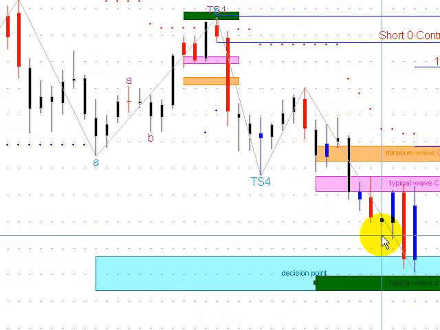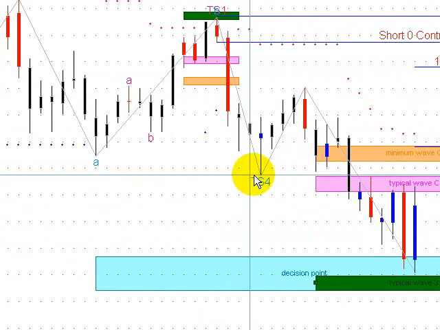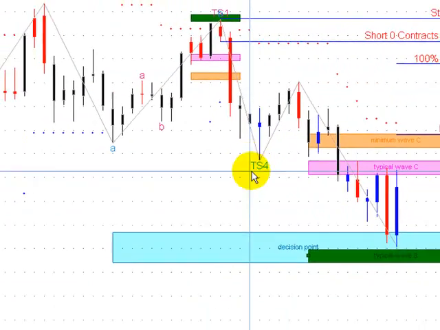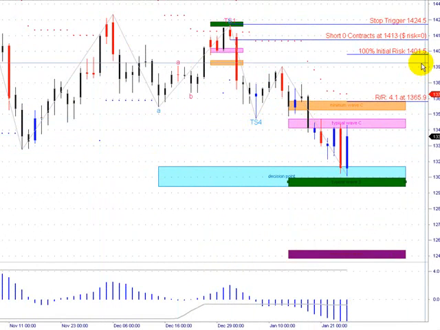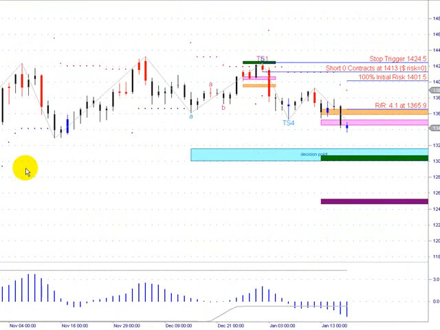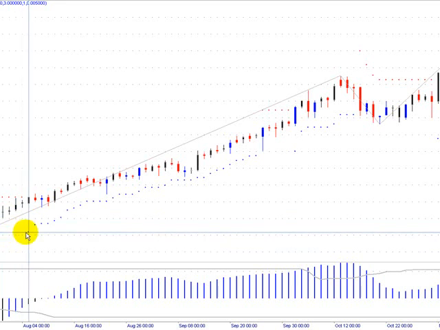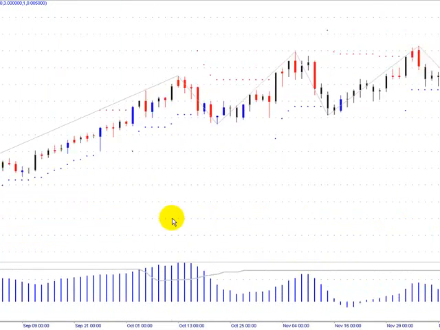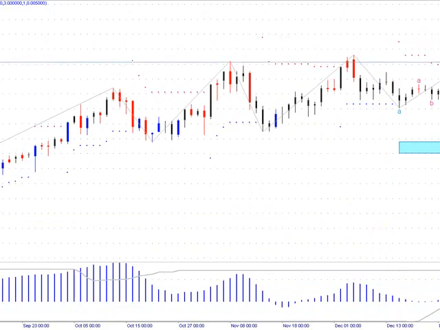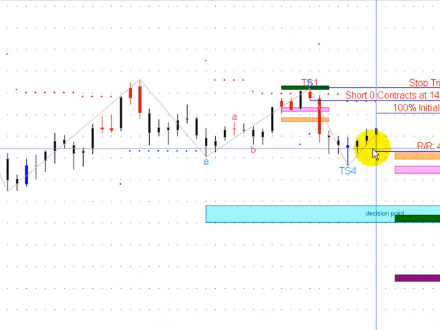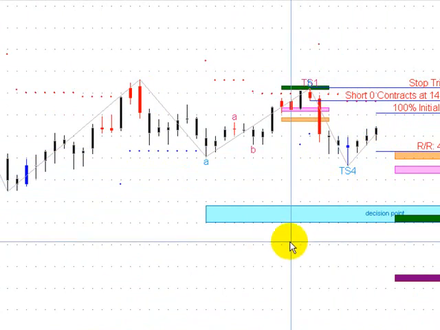And, good for you. The thing that put a little wrench in it was the long signal here, the TS4. And like I was saying in the room, it was hard to ignore the TS4 to the long side with the bigger trend, because the signals in gold have just been phenomenal and spot on. And anytime we've gotten a signal, very few of these signals have failed.